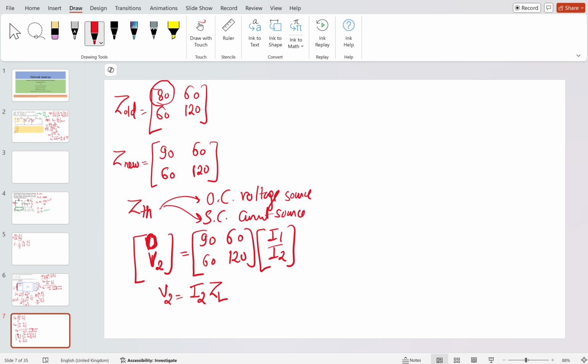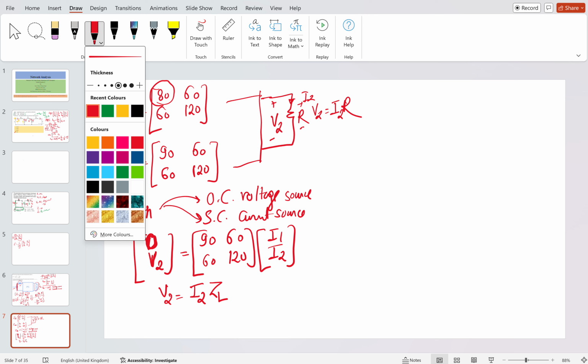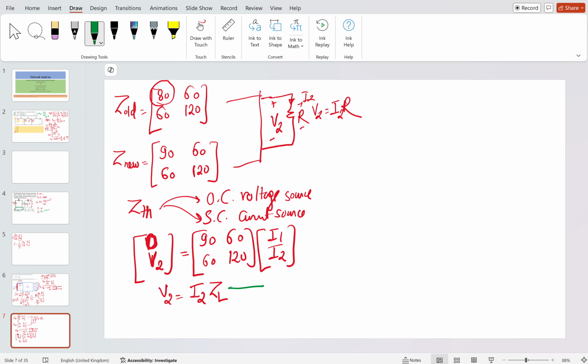In the last class also I told that if an impedance is connected at the load side of this two-port network, the voltage appearing there is the current flowing there, suppose I2, multiplied by R. That same concept I am applying here. So now I have got three equations: one from here, a second from here, and a third from here.